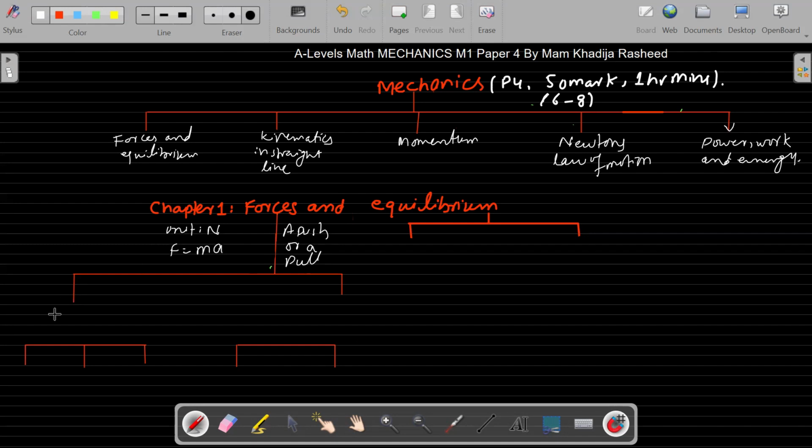Now forces are of two types. One is contact force, and another one is non-contact force. Whenever there is a contact force, it means a surface or a body is involved: tension, friction, normal reaction.